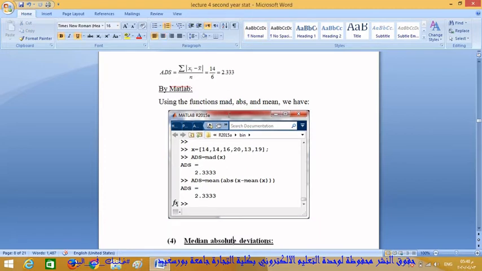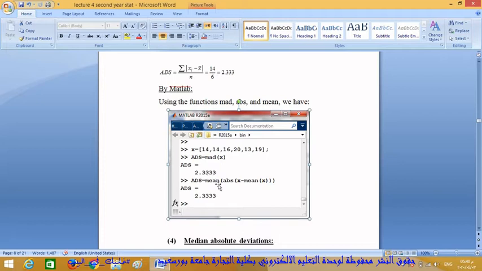By MATLAB, using the function MAD, which means mean absolute deviation, or the function ABS, absolute deviations, and the mean. It's preferred to use MAD instead of ABS and the mean. So the main function is MAD. ADS equals MAD of x, which equals 2.33.